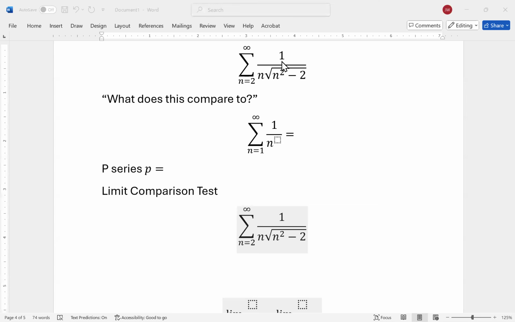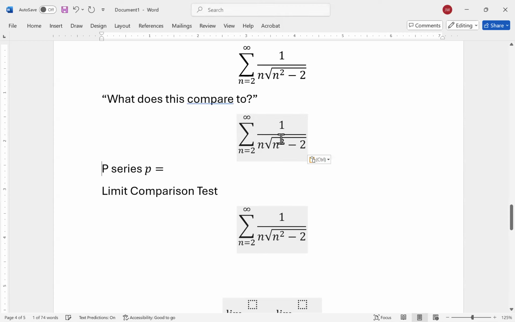In this case, 1 over n times square root of n squared minus 2. What I'm going to tend to do is think about starting my count at 2. This minus 2 isn't going to do much when we get really, really big, when we get close to infinity.